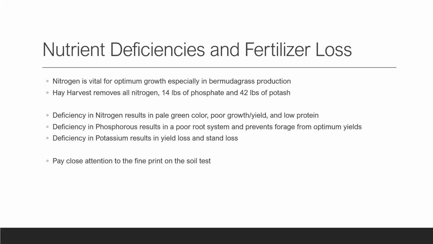If we get 3 cuttings of hay, we've taken 42 pounds of phosphate total away from that soil last year, and we've taken 126 pounds of potash away from that soil just last year, and we have no nitrogen available. Well, we recommend that you soil test every year in a hay harvest situation.